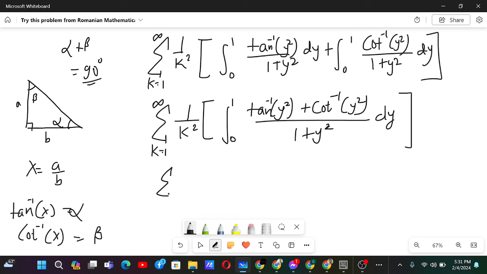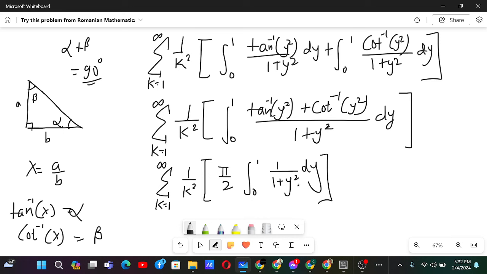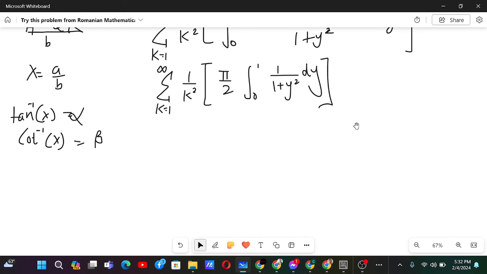And we have the sum going from k equals 1 to infinity of 1 by k square. Pi by 2 is a constant, and can be taken out, leaving the integral from 0 to 1 of 1 by 1 plus y square dy. Now this is a pretty simple integral, which is just tan inverse y.